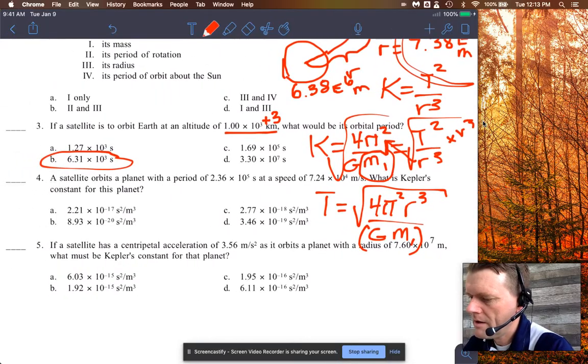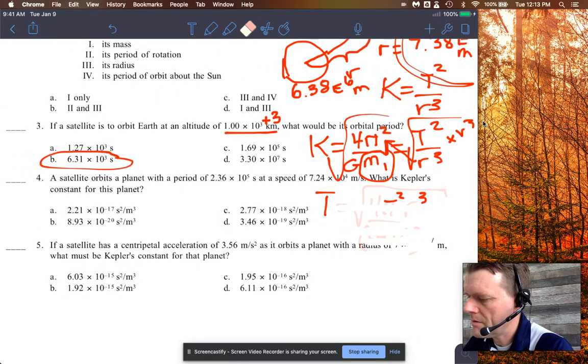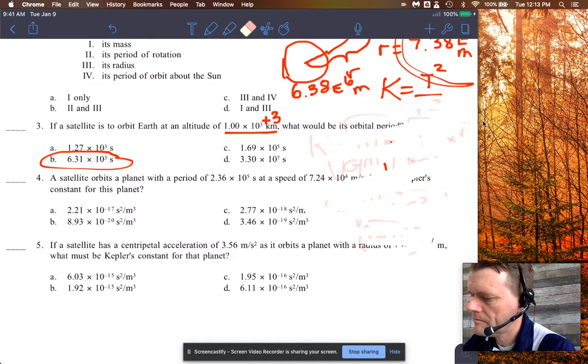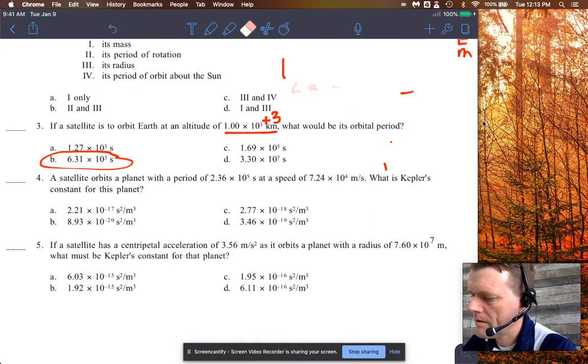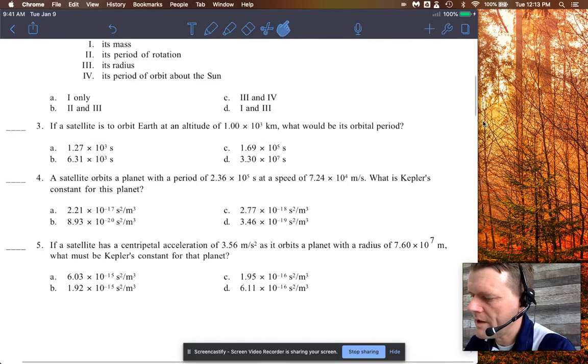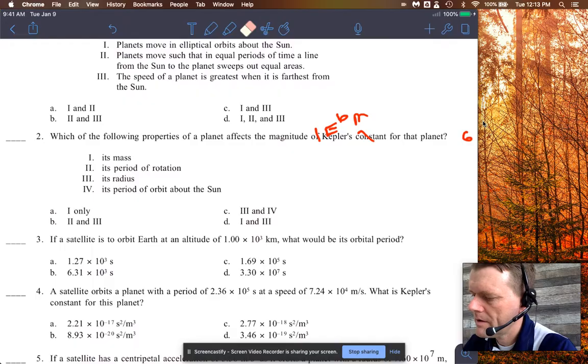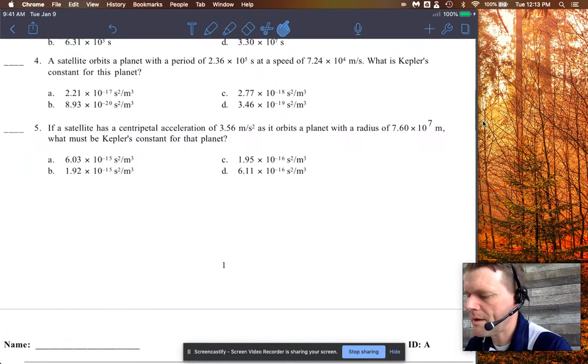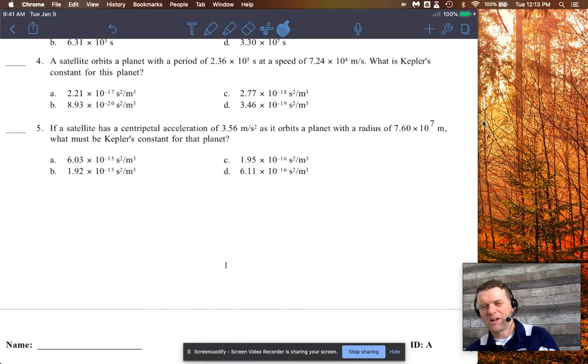Let's make room here for number 5. I want to jump to number 5. It has basically 2 steps to it. Sometimes I joke and call this the physics 2-step, because you use one formula to get a variable that you need, and then you take that to the last formula that you need.